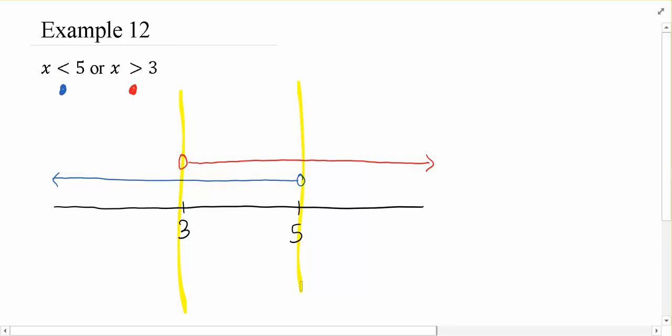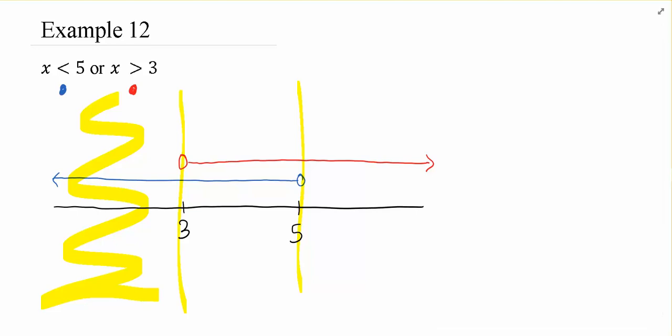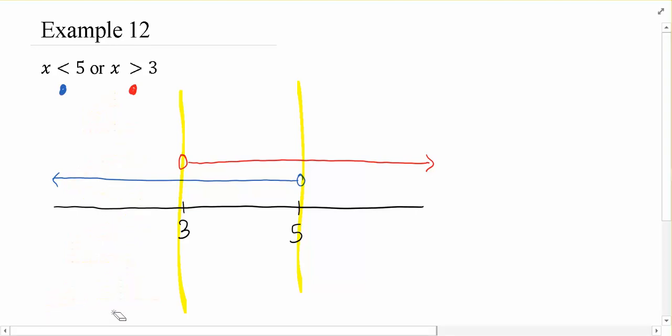Because this is or, we start off with the left chunk and say, do I have blue or red there? And the answer is yes. So we shade. Then we look at the middle. Do I have blue or red there? Yes, and so we shade. Then we look at the rightmost chunk. Do I have blue or red there?